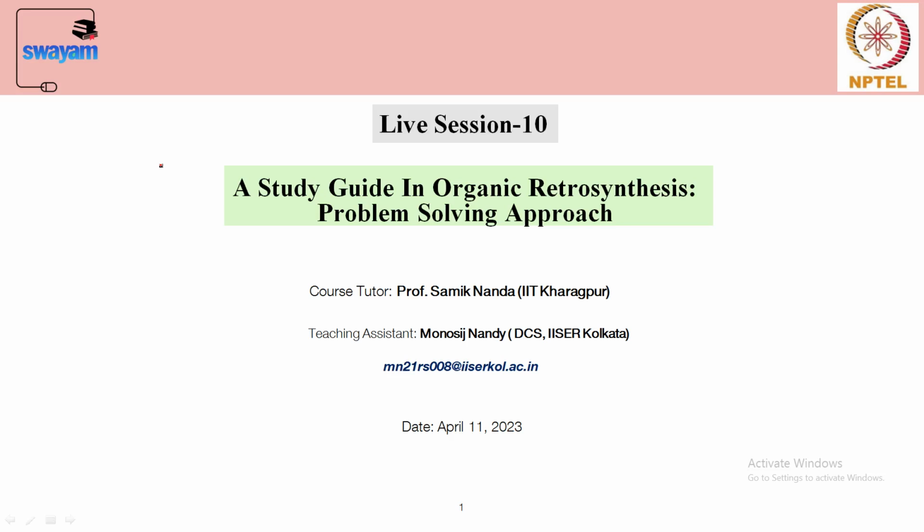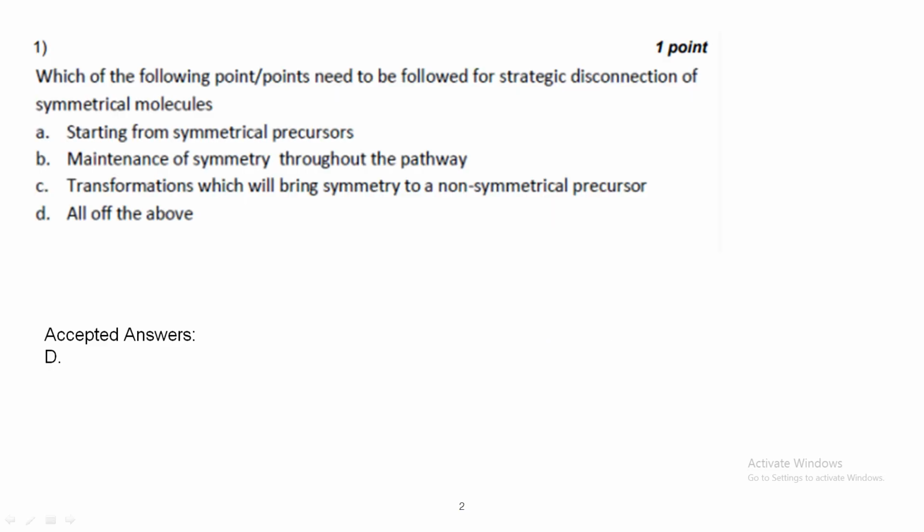So let's start with today's first problem. The question asked which of the following point or points are correct for strategic disconnection of symmetrical molecules. There are a few points.